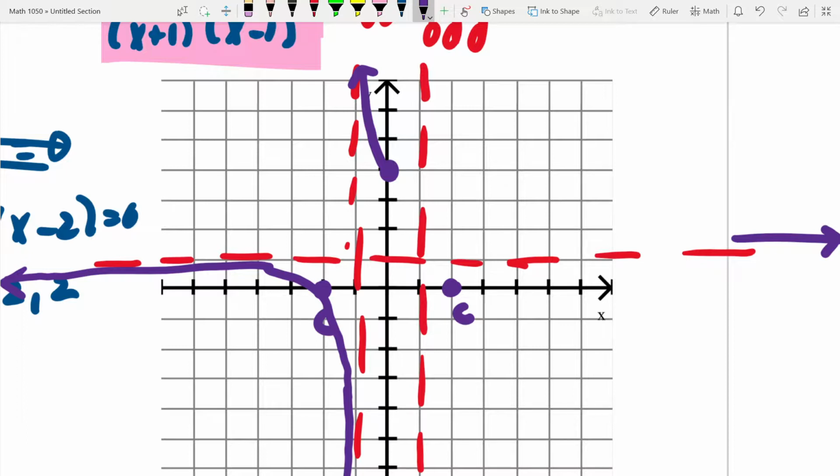Watch. Can my graph do this? Swing down and go low. Can I do that? No. Why not? Cross a non-vertical, cross the x-axis. I can't do any of those things, okay? So I can't go down, so I must go up, okay? So swing up, and it looks like this.